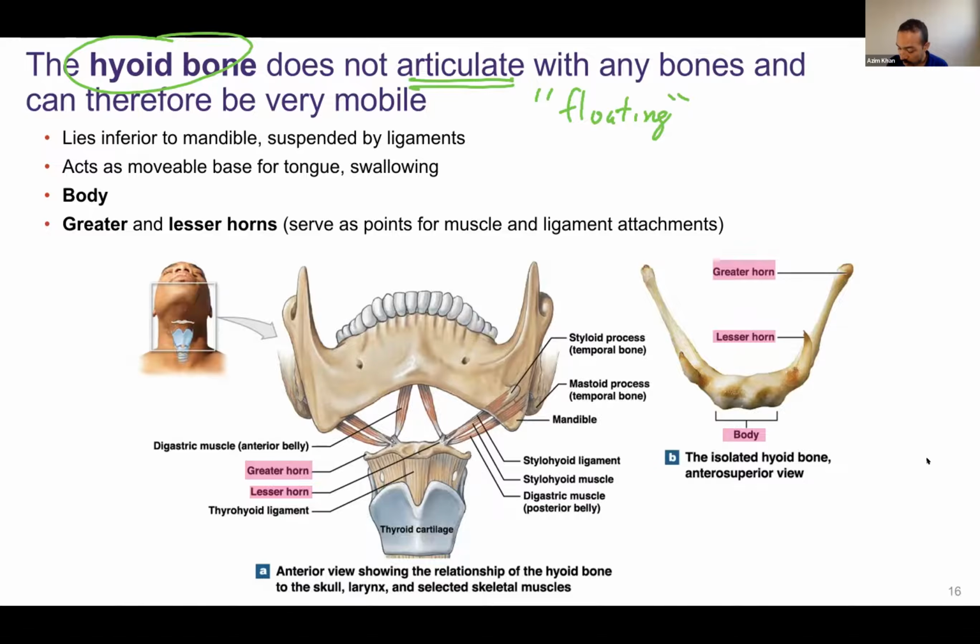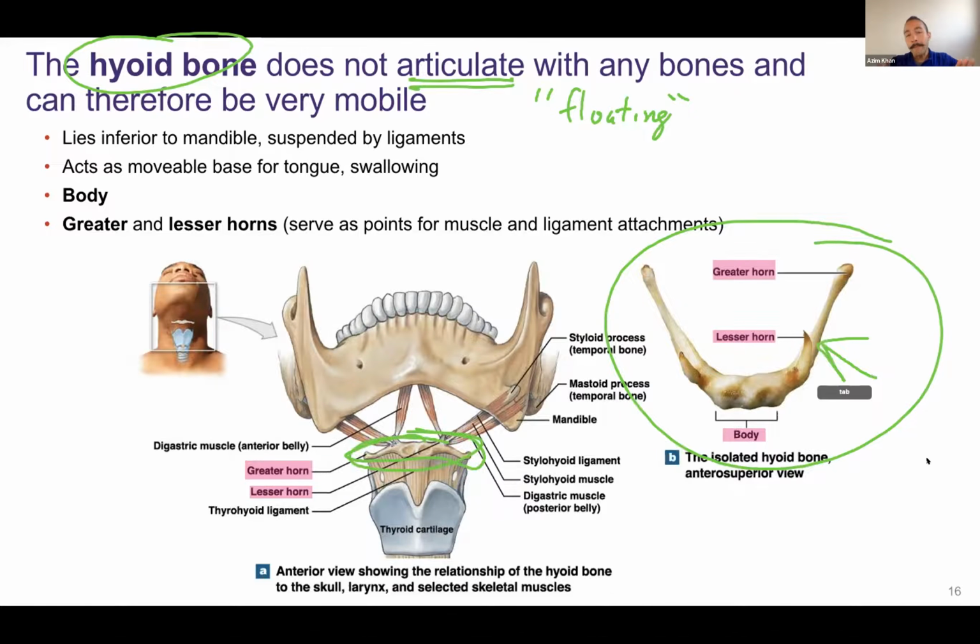You can see the bone here in this picture. It's in your cervical region, and it's just above your thyroid cartilage where your Adam's apple is. Superior to that and deep, it's hard to reach because of all the muscle in the way. But this bone is the hyoid. If you pull it apart, it looks like this. By being a floating bone, by not articulating with anything, it's really mobile. There's nothing limiting its movement, which means you can move your tongue in many different directions.